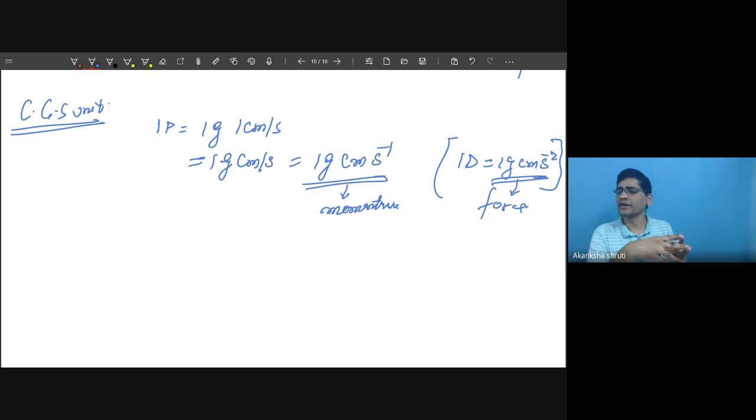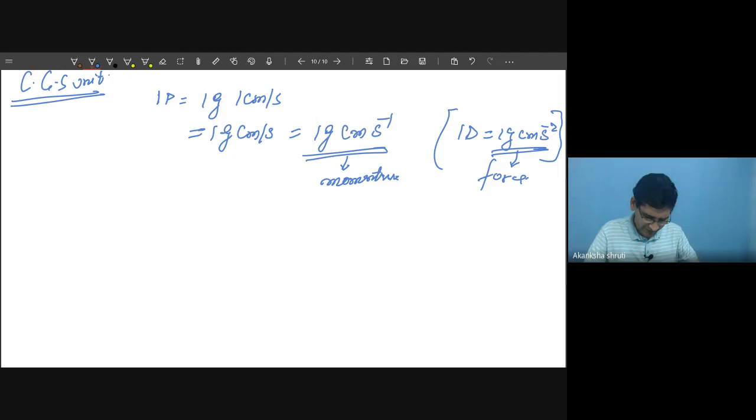What we are observing is that the change has the same unit as the parent quantity. So if we consider the unit of impulse, it is the same as the unit of momentum.